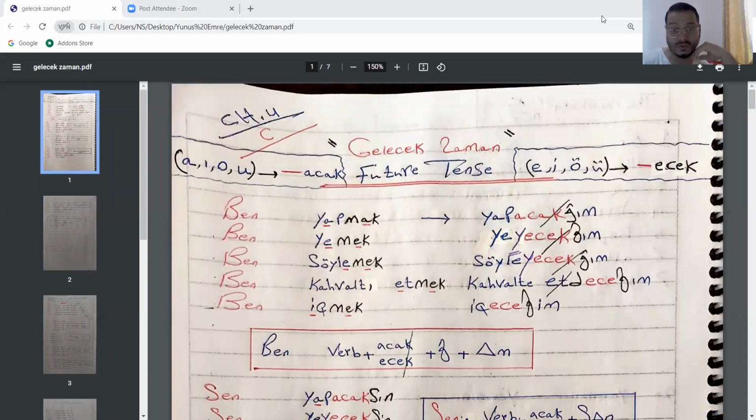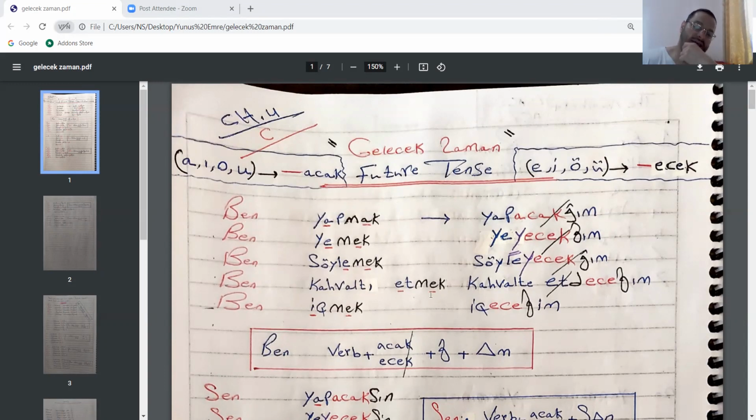It's the easier one. Let's start from the first pronoun, ben, that means me. Let me take a few verbs as examples. Yapmak, doing, yemek, eating, söylemek, saying, kahvaltı etmek.